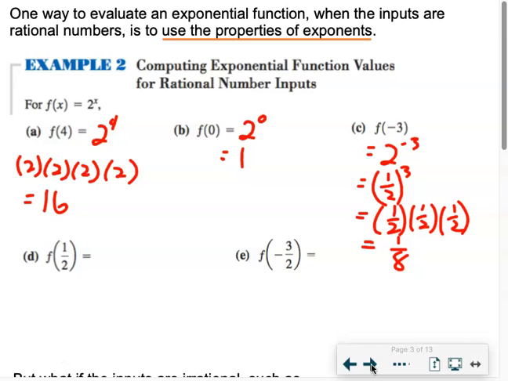D tells us we want a power here of 1/2. Now what that's supposed to bring up in our memories is, hey, wait a second, that's for square roots.